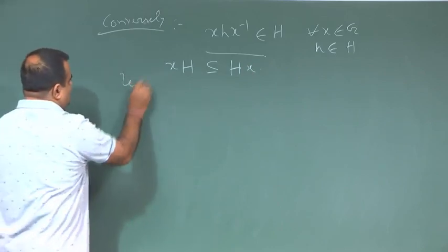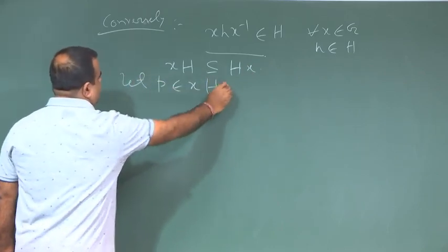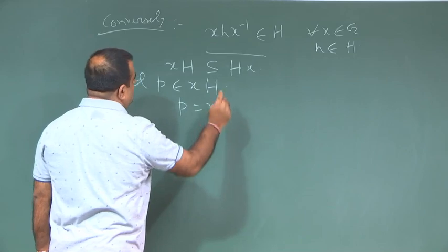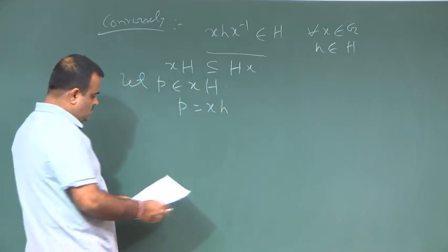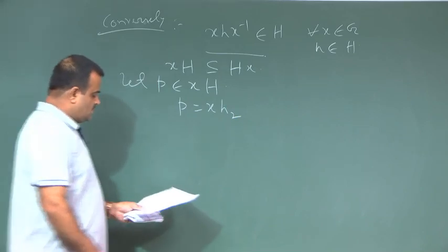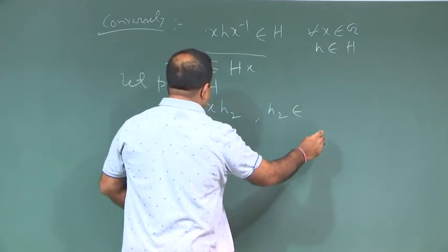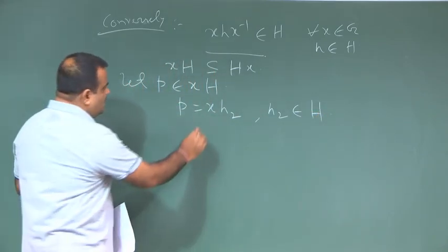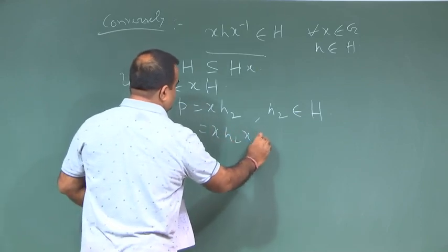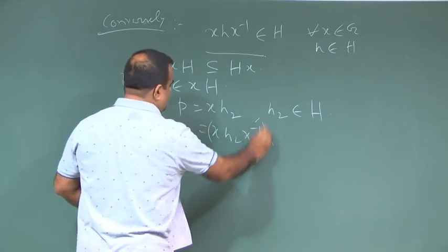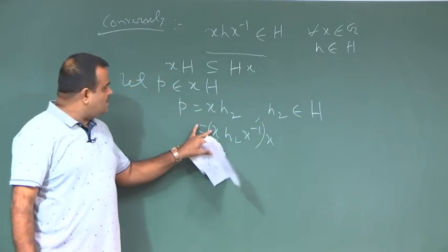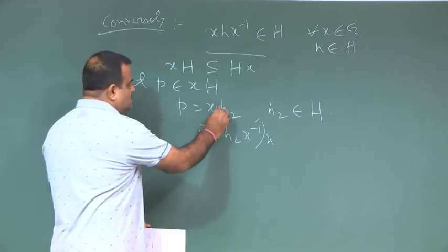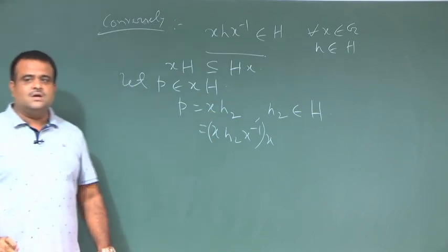Okay. So for that let us take an element from this. So basically we can write this as x h2 for some h2 belongs to H. Okay. So now we can take x inverse on both sides, this will cancel out, and by the associative rule of the group, these are all star basically, but we are omitting star for simplicity. This is the operation.